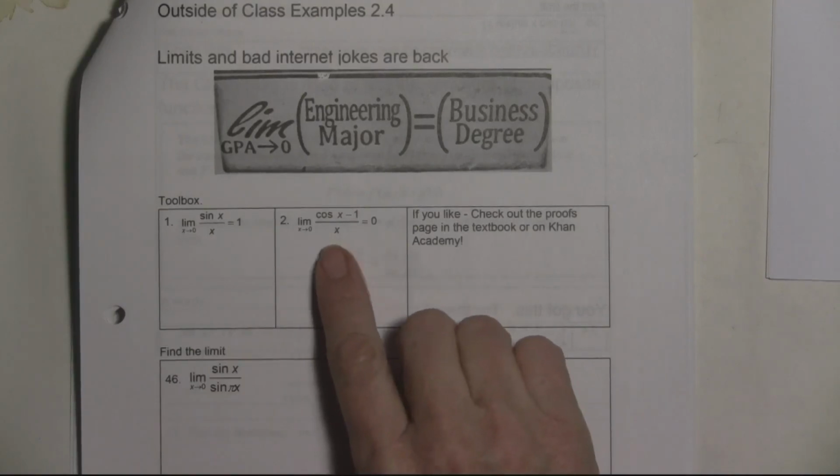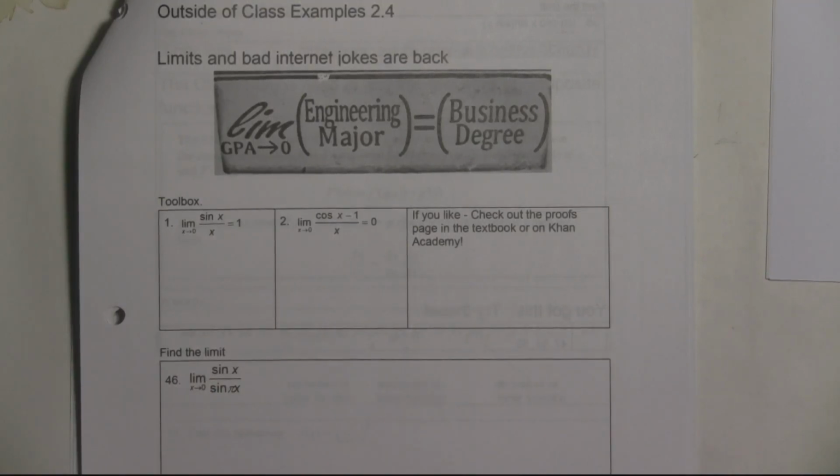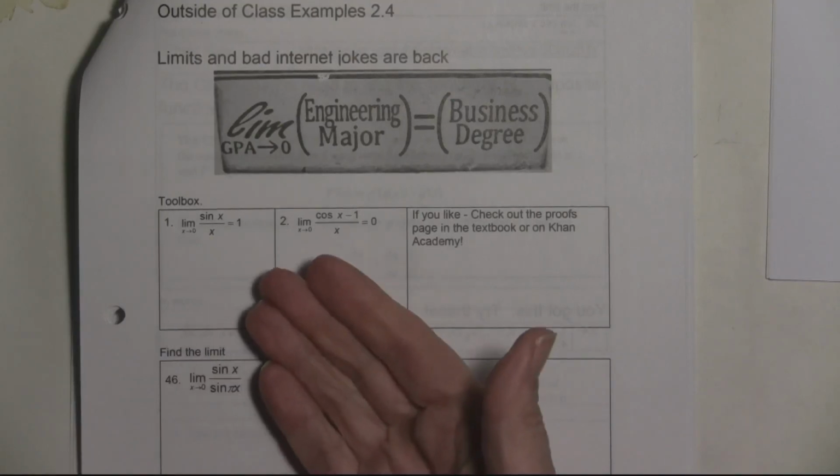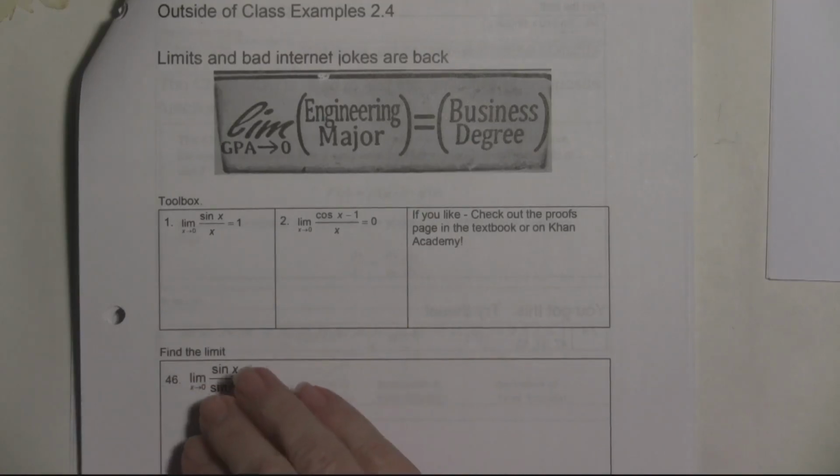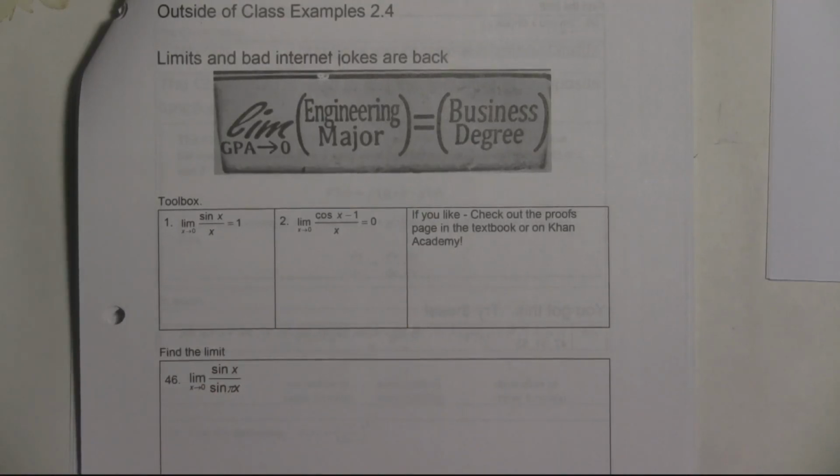You can also look at the proof of the limit as x goes to 0 of cosine of x minus 1 divided by x is equal to 0. So these are the things in our toolbox that we're going to use in order to prove these limits that they're asking us to prove.